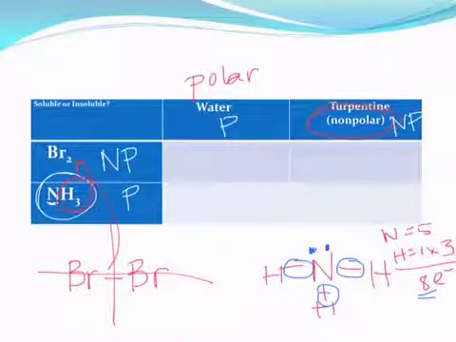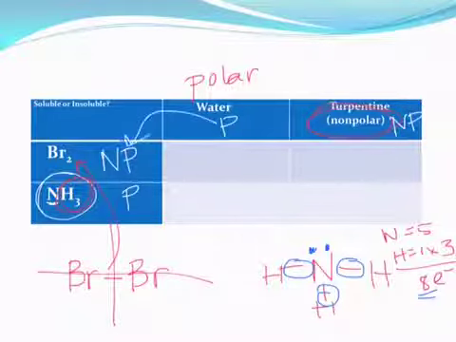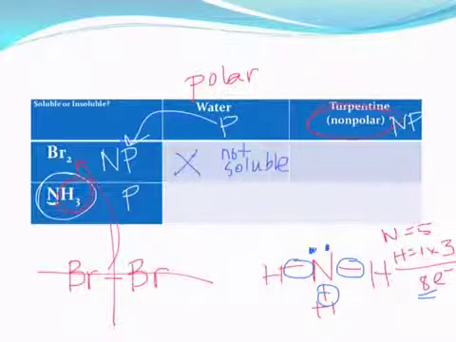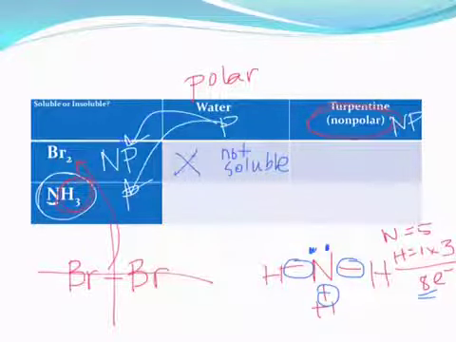So let's decide, are they going to be soluble or not? Polar will not dissolve nonpolar. So that is a no. That means they are not soluble. Polar will dissolve polar, like dissolves like.